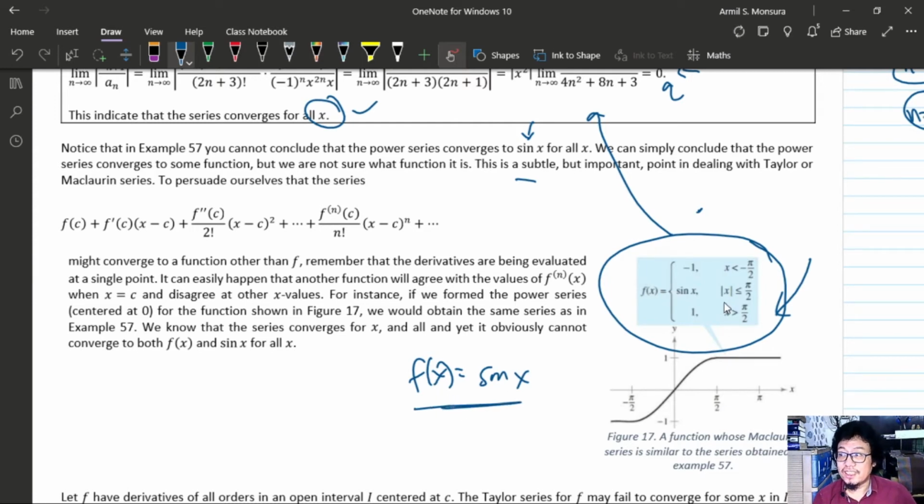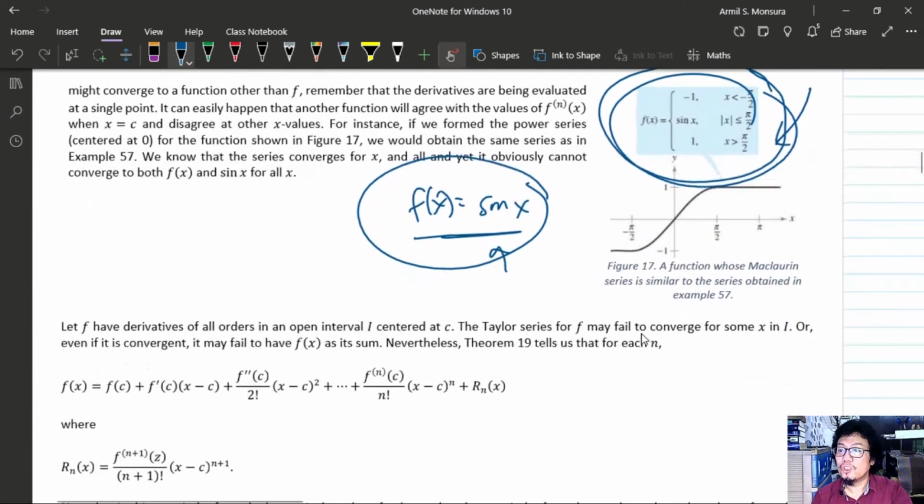The Maclaurin series for this is the same as what we will be able to derive for the Maclaurin series for sine of x. So at this point, we are not sure whether your series is actually converging to this or to this. How do we now tell if it actually converges to this one?